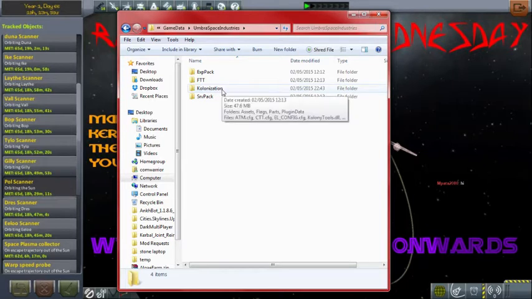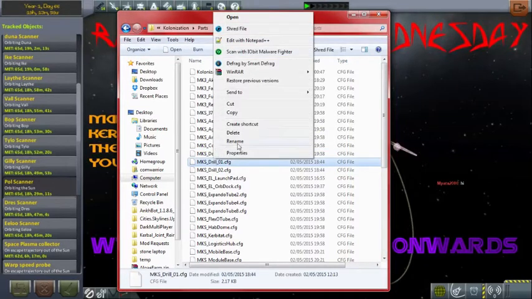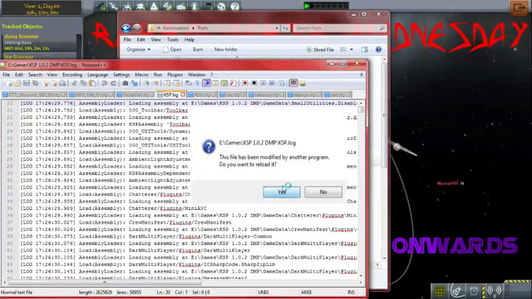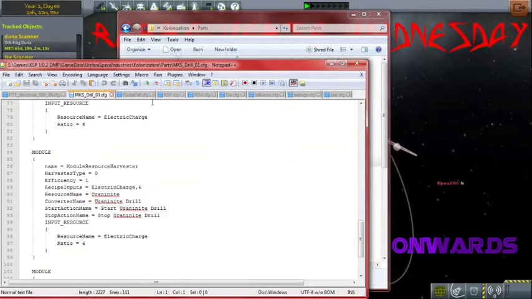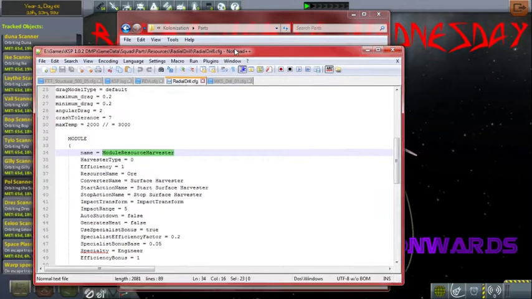So we're going to go into, I think it's colonization, we're going to go parts, and here we go. Drill number 1. Let's go take a look at it. Okay, let's get rid of all the other stuff I've got in here. We'll chuck that there.